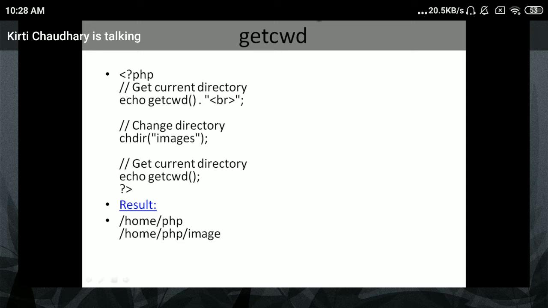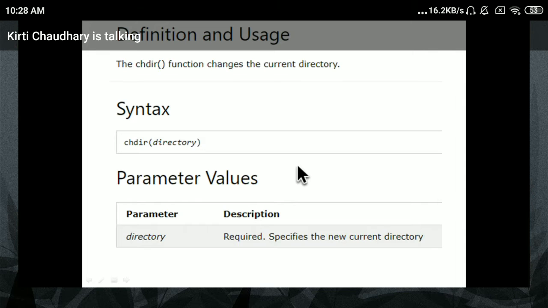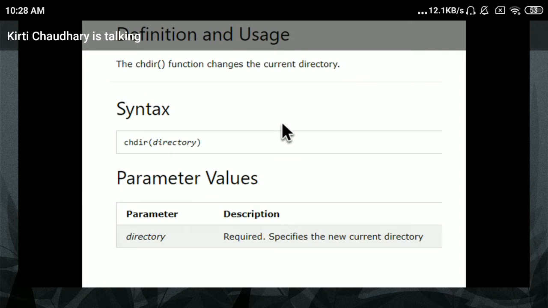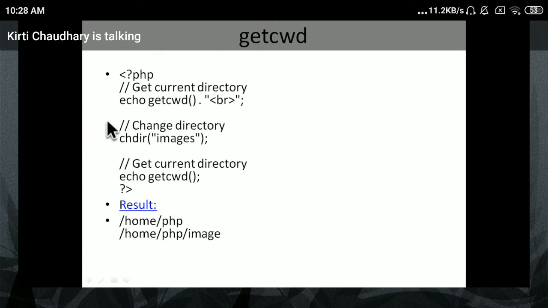Then next function is, sorry, the second one is getcwd. First, to get the current directory, we can use the function getcwd, and to change the directory, we can use chdir with the directory name. And the result is available with me.